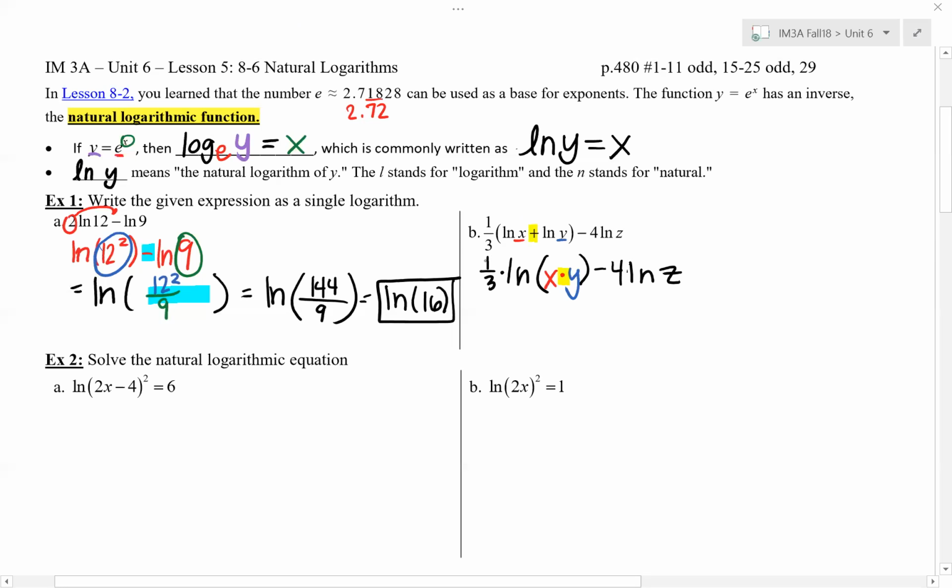When we're condensing, we next want to move our exponents onto the variables that are after our logs. So for the first part we have ln of x times y all raised to the 1/3 power, minus ln of z raised to the 4th power.